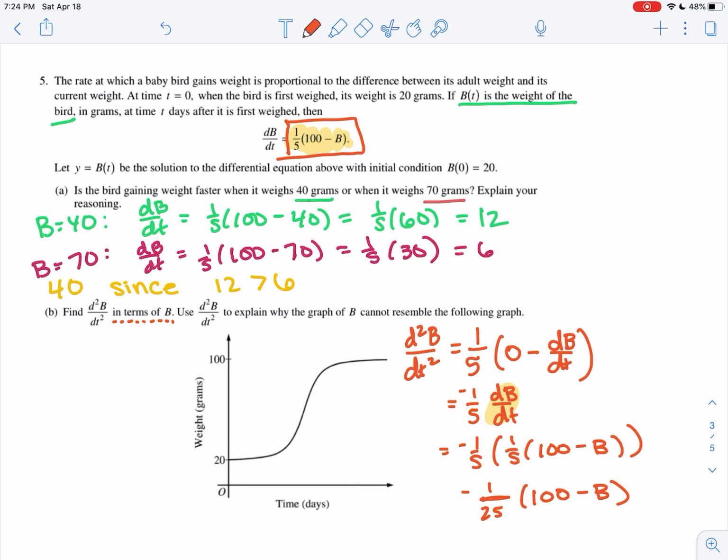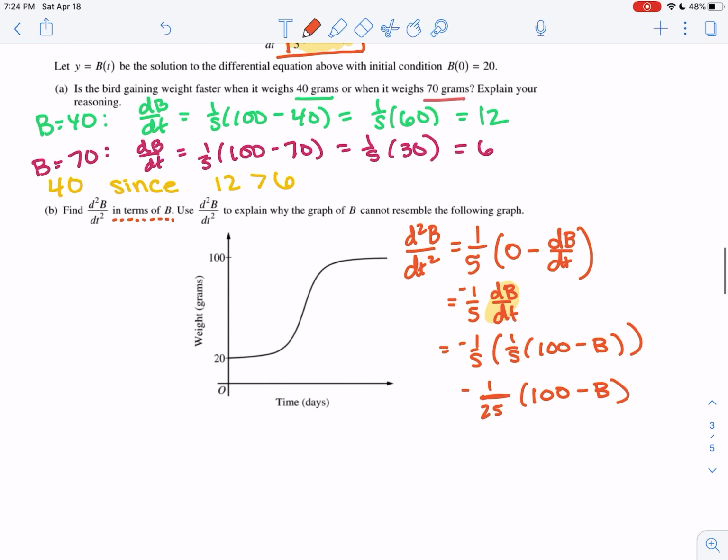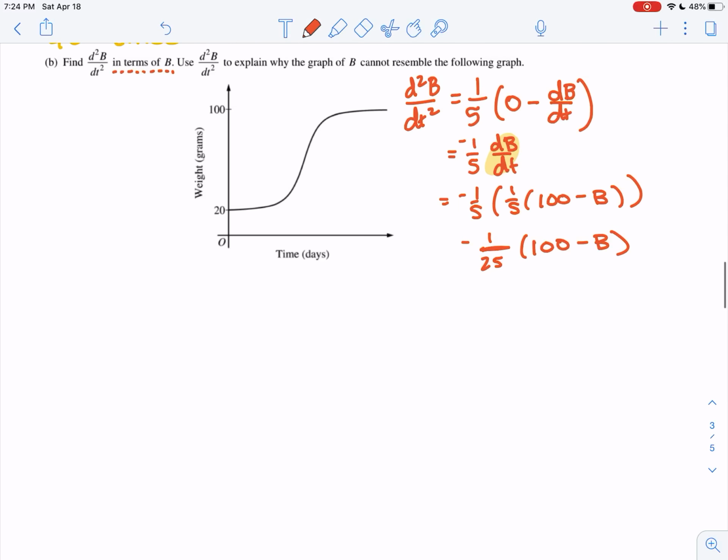Then we're supposed to use this to explain why the graph of B cannot resemble the graph below. Well, let's talk about that. What does the sign of the second derivative give us in terms of the graph of the original? It gives us the concavity, okay? Remember your y-axis is B, right? So look here, B is going from 20 to 100.